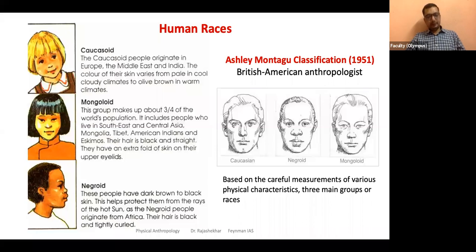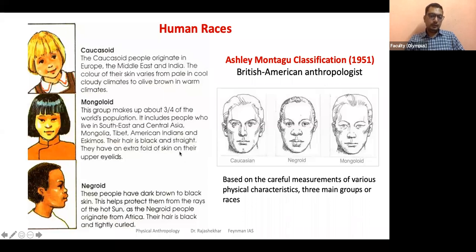The second group is Mongoloids. Who are Mongoloids? Mongoloids are those people who came from or live in Southeast and Central Asia, like Mongolia, Tibet, the Chinese region, China.